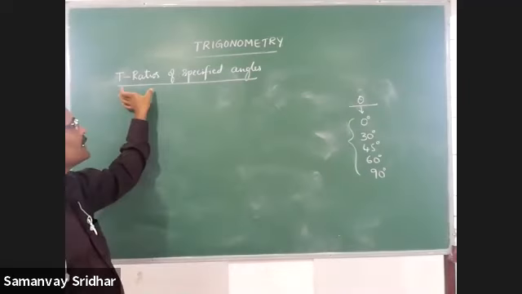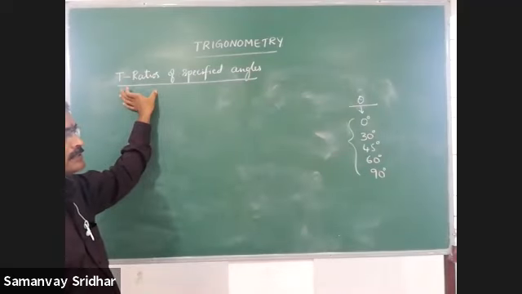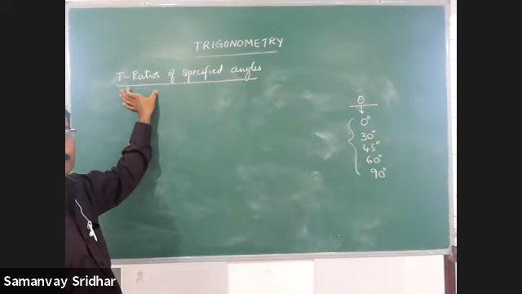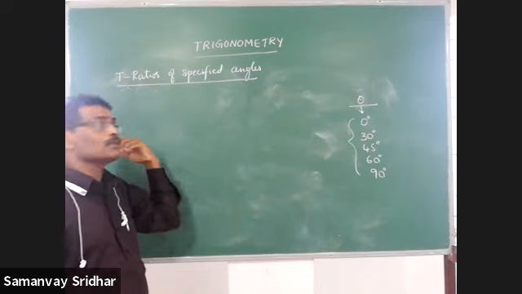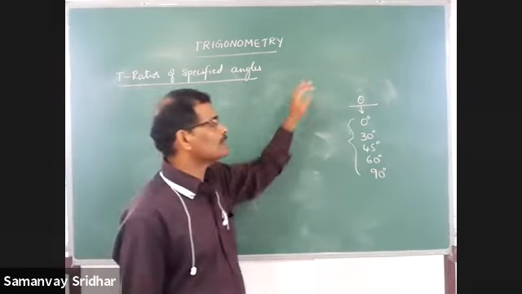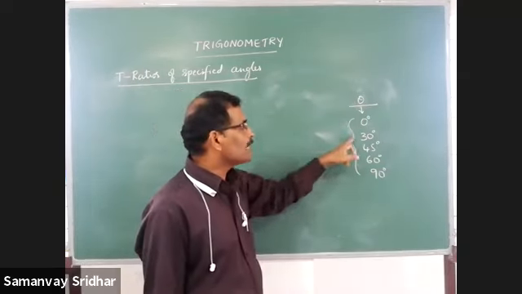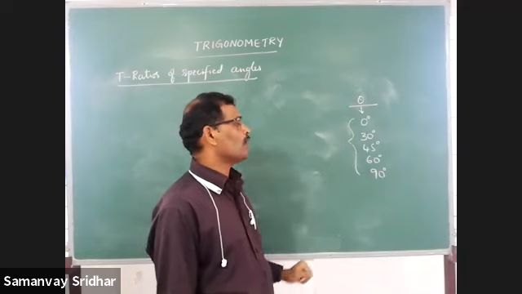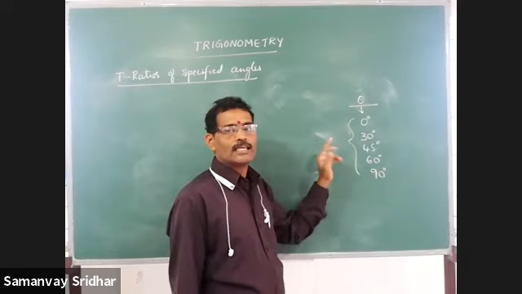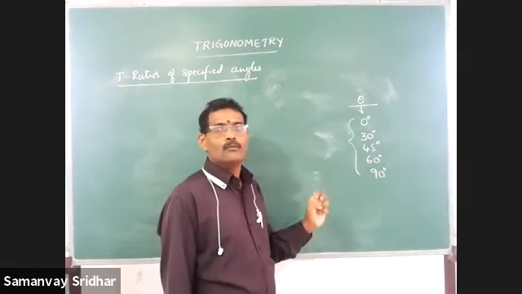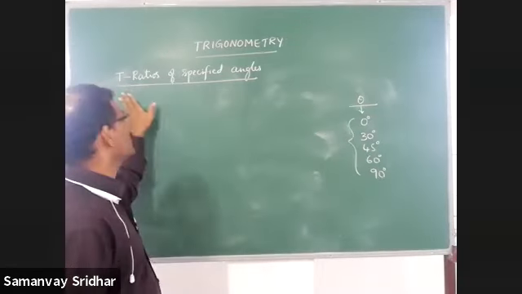I am discussing the ratios of specified angles, right? So we have to go for some angles. If theta is equal to 0 degree, what will happen? If theta is equal to 30 degree, 45, 60, 90, then we have to find the trigonometric ratios of them.